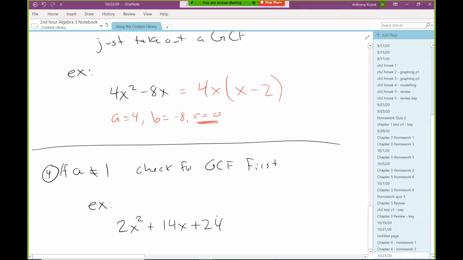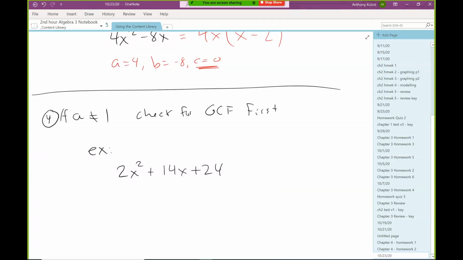So let's say we have 2x squared plus 14x plus 24. If my leading coefficient isn't 1, the first thing I want to do is check to see if there's a greatest common factor. If you look at the coefficients, 2, 14, and 24 are all multiples of 2.